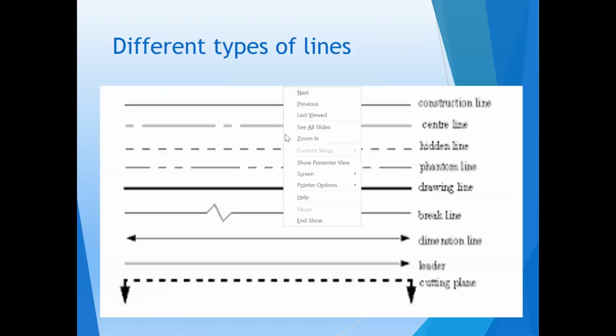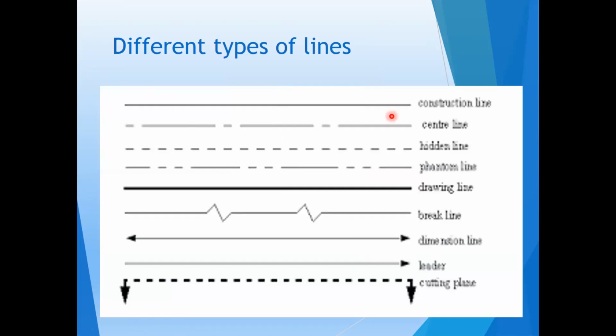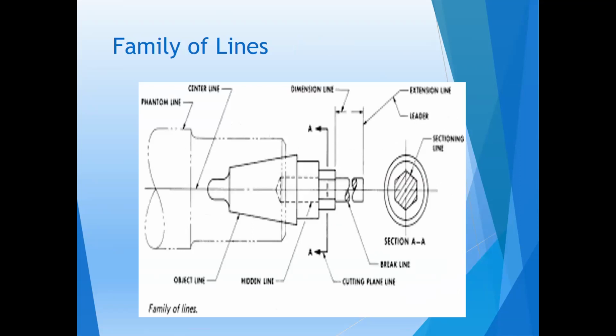Here are the different types of lines which I show to you. This is a construction line. This is a center line, hidden line, phantom line, drawing line, break line, dimension line, leader, and cutting plane. These are the types of lines.